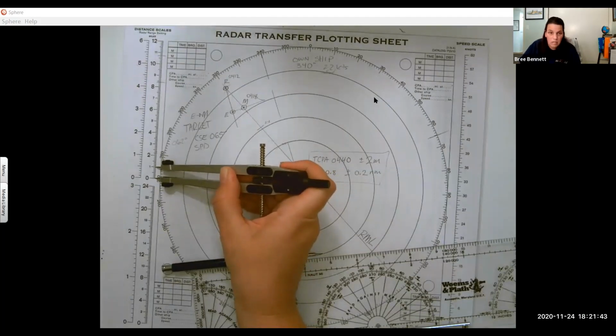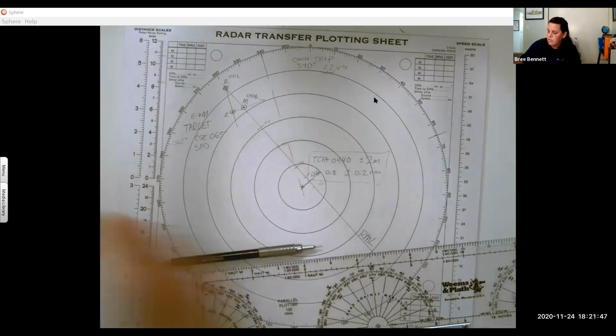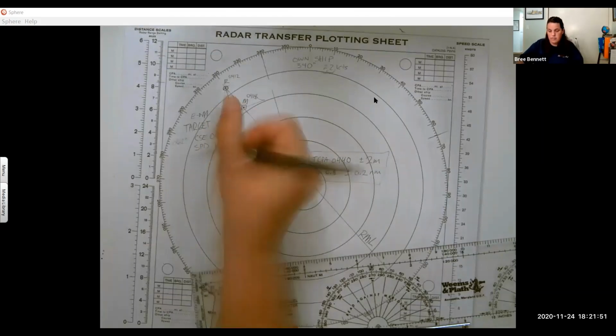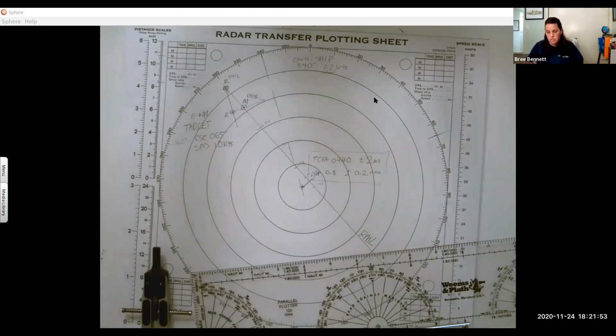I got exactly 1.0, so I'll call it 10 knots. Check what Captain Ron had. Oh, 10 knots, yeah. Okay.